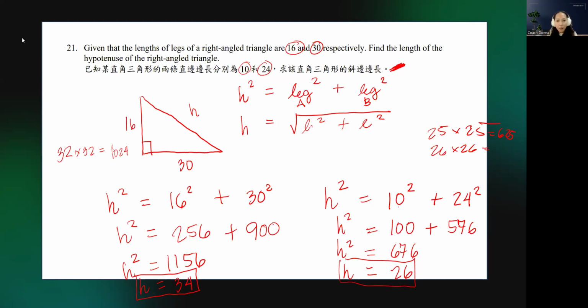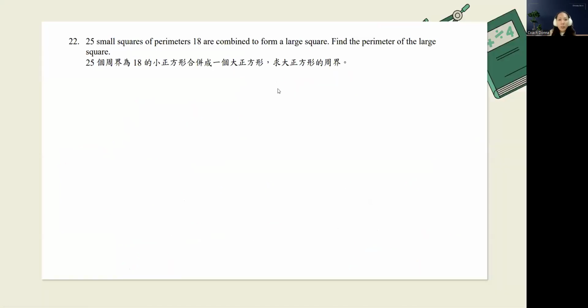So for 22, we have 25 small squares of perimeter 18 combined to form a larger square. Find the perimeter of the large square.